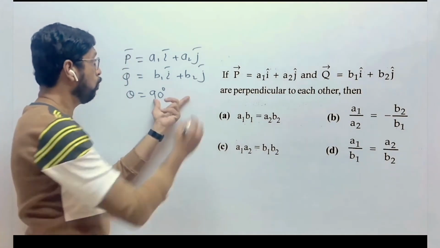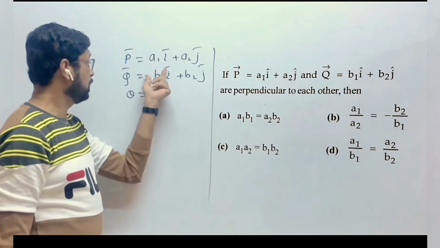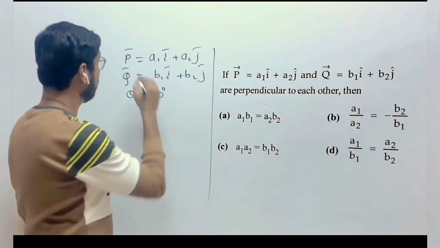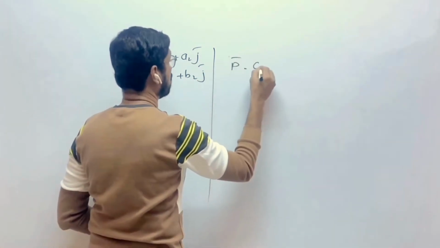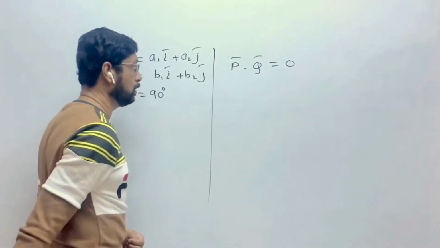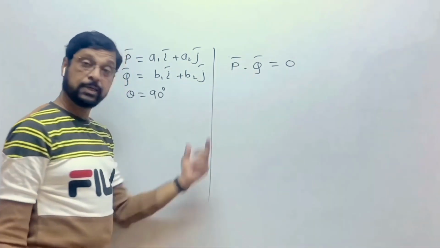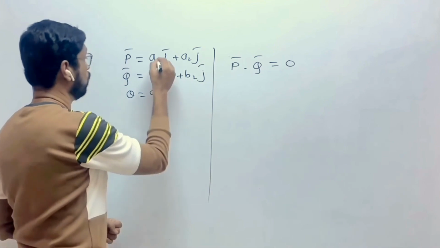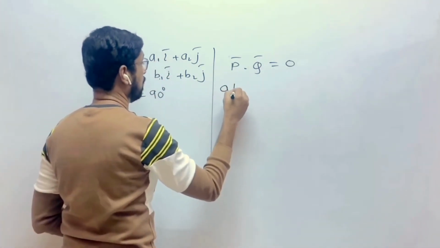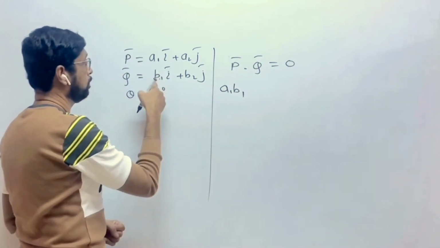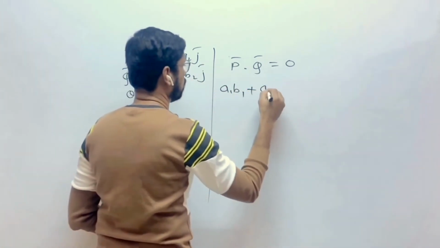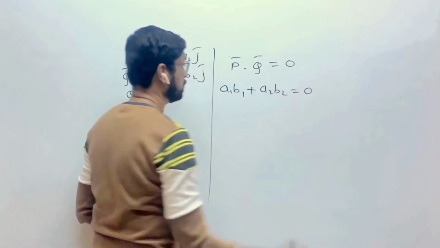So what you can do here, they are at 90 degree, means their dot product is 0, means P dot Q is equal to 0. P dot Q is Px Qx plus Py Qy plus Pz Qz. So A1 B1 plus A2 B2 is equal to 0.